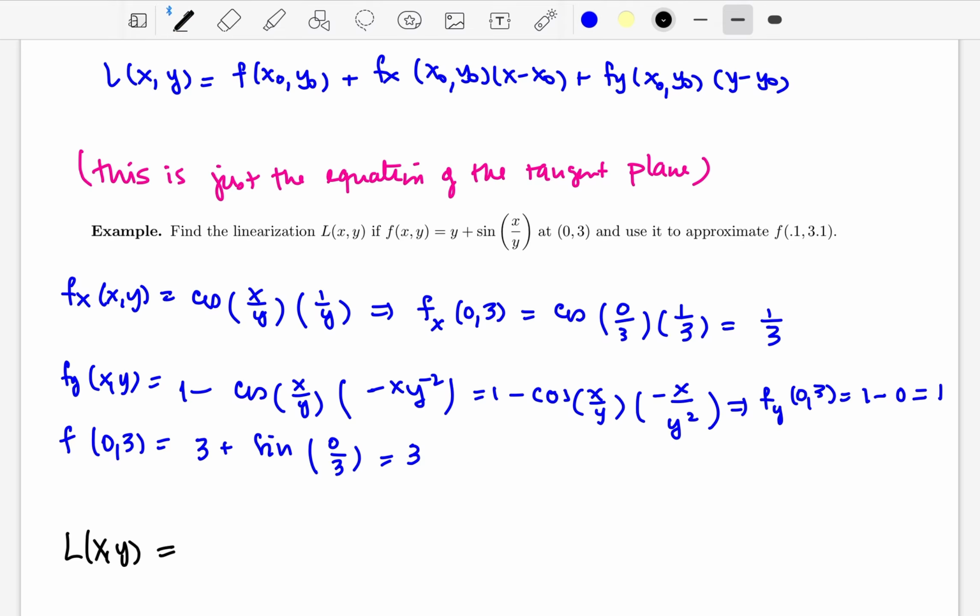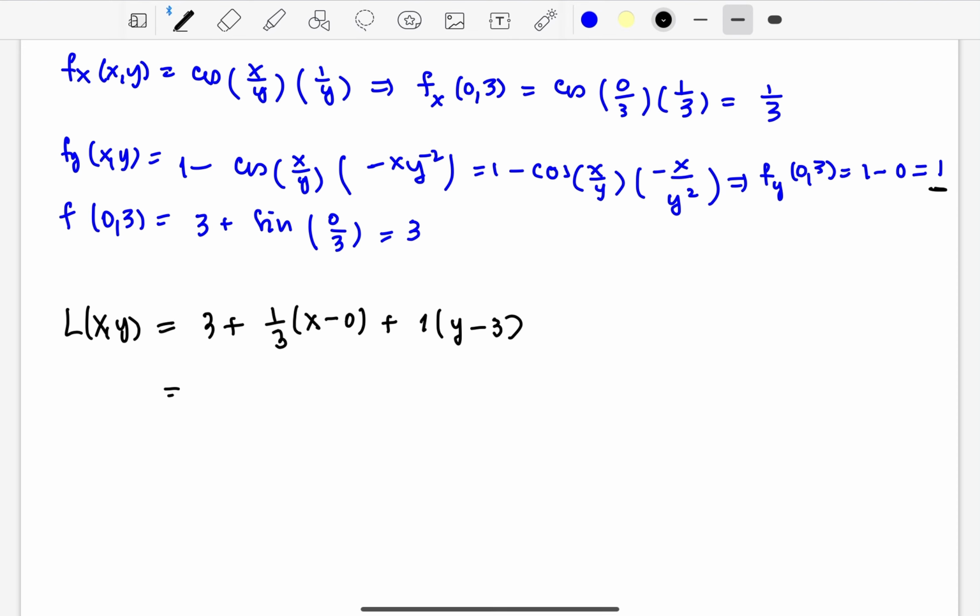So I get 3 plus the partial with respect to x, which is 1/3, times x minus x naught, which is 0. And then the partial with respect to y, which is 1, times y minus 3.